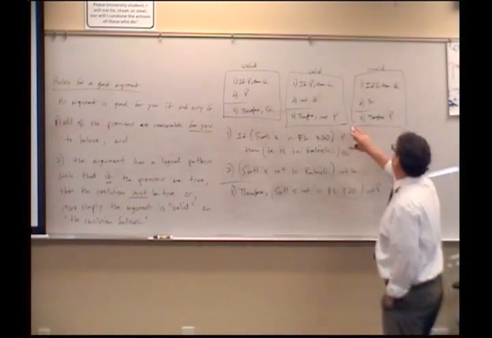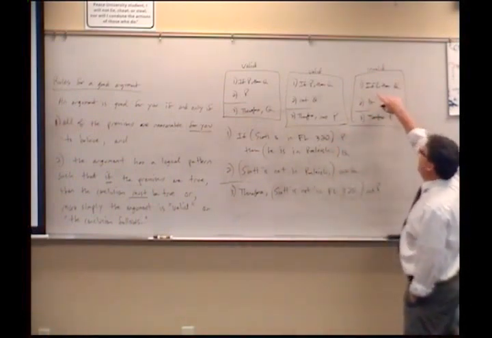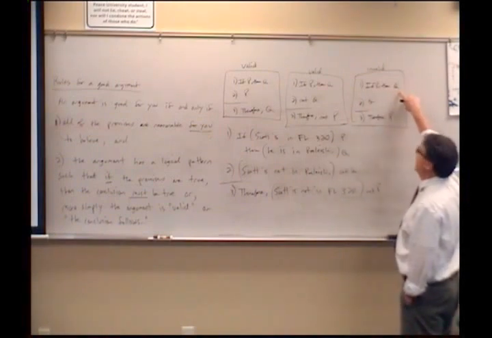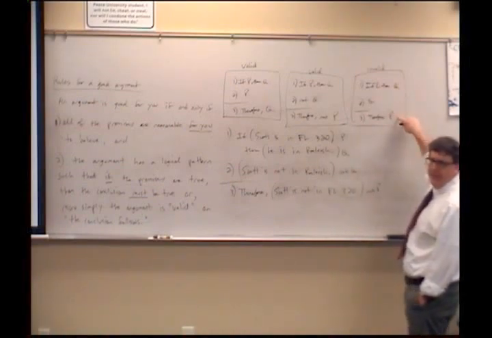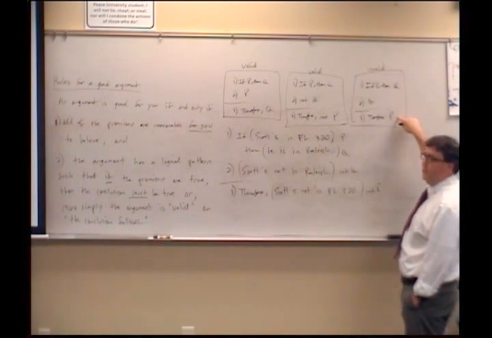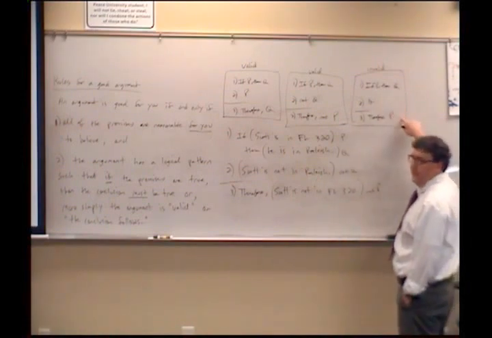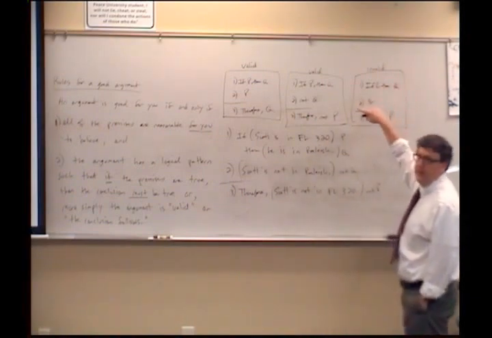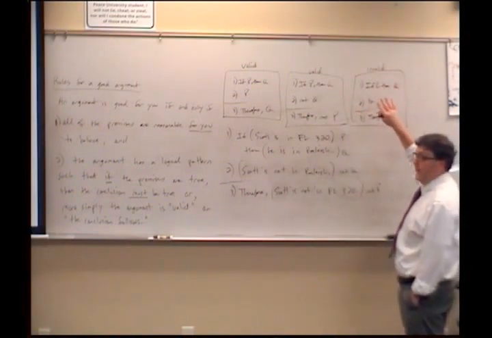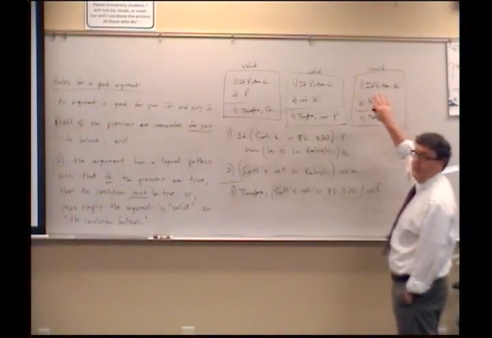So, using this idea: if Scott's in flow 320, he's in Raleigh. He's in Raleigh, therefore he's in flow 320. What's the problem with that? There are a lot of places you could be in Raleigh. Just because I'm in Raleigh doesn't mean I'm in flow 320. So lots of arguments can follow this pattern, and it's always going to be invalid.